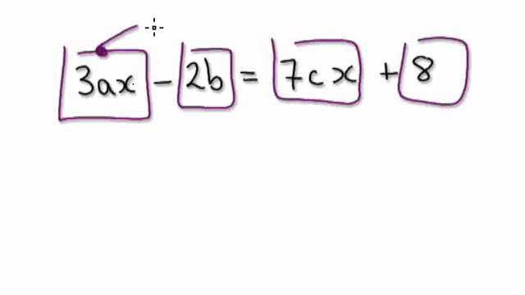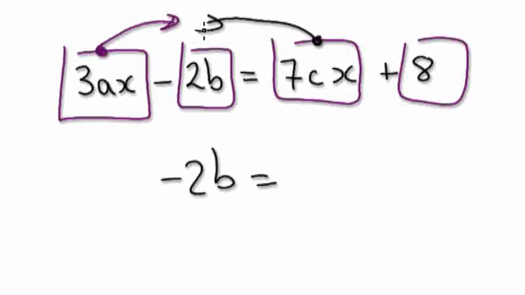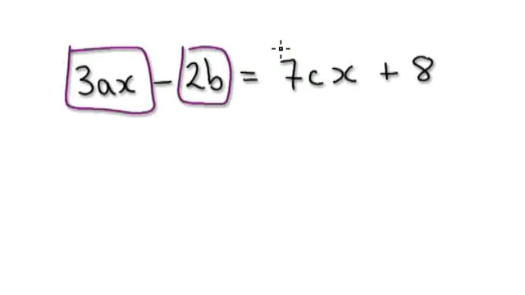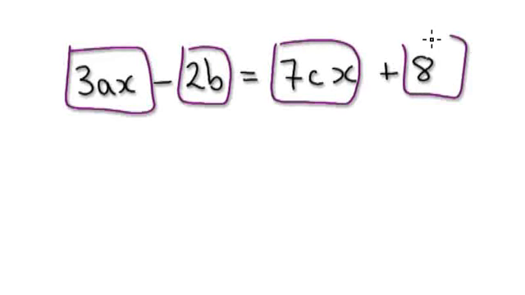Rather than taking this one over to the other side, which means you end up with something like this, minus 2, you end up with a minus. Well, rather than doing that, let's take this one over to this side here, and then later on add 2b to the other side. You'll see what I mean later. So here, visualize it as this: here, here, here, and here.